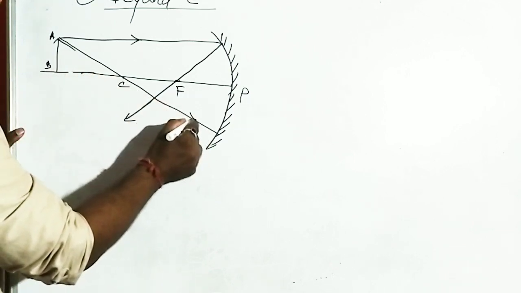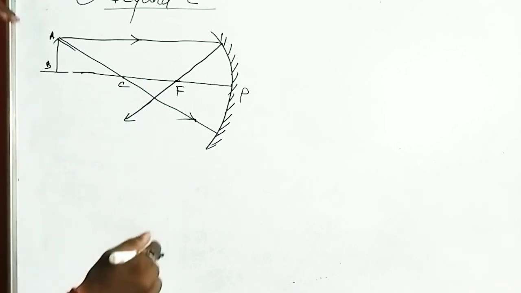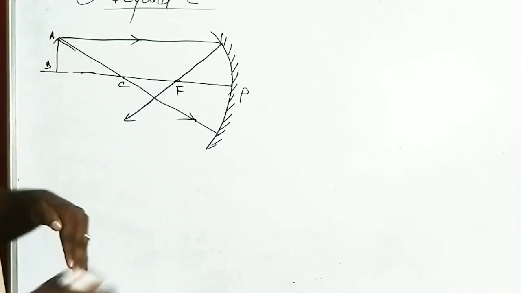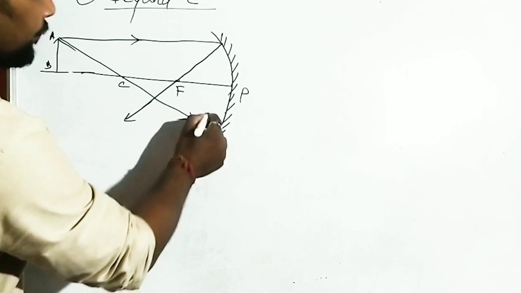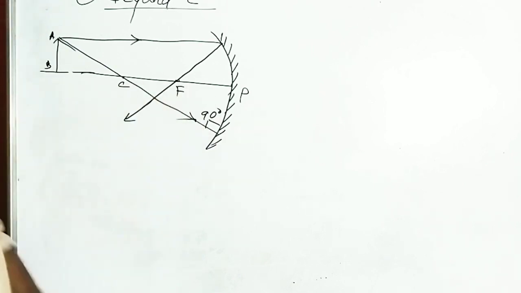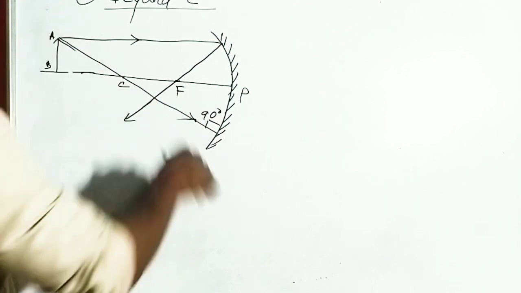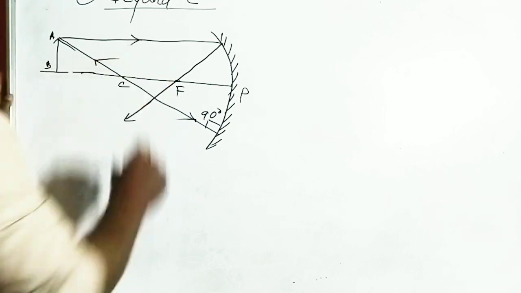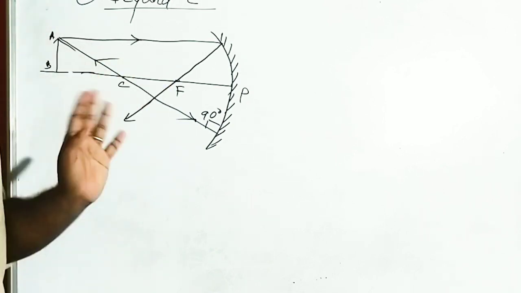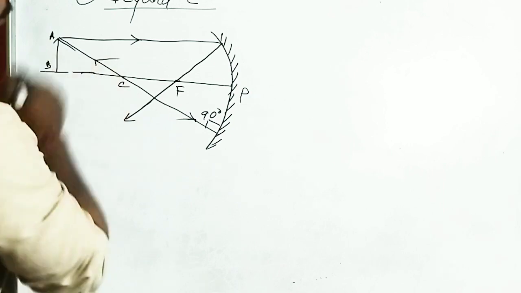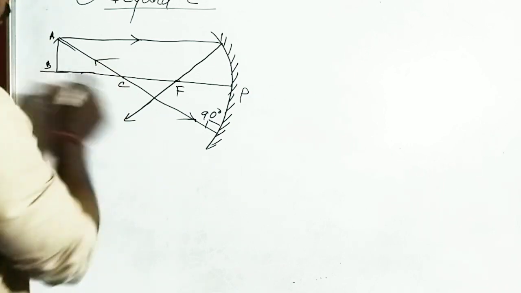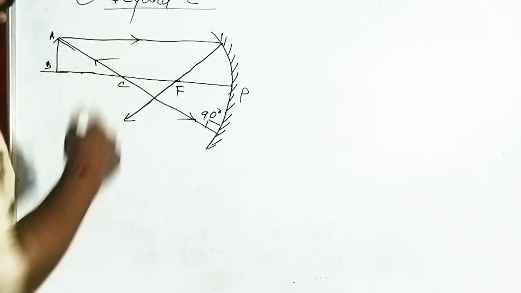And there will be one more ray which will pass through the center of curvature. When the ray moves through the center of curvature, it makes a 90-degree angle with the reflecting surface, so the reflecting ray will be along the same line but in the opposite direction. Now the main thing is where the two reflecting rays meet.